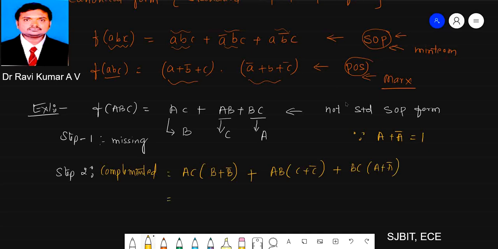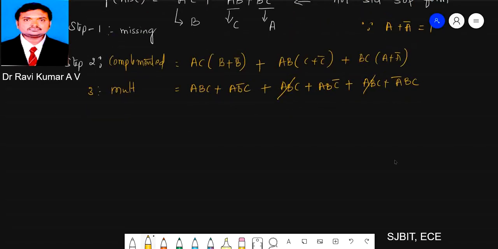The third step is to multiply. As usual, we write it in the arranged ordering form: ABC plus A B bar C, plus similarly ABC plus AB C bar, plus ABC plus A bar BC. Whatever term is repeated, we cancel it and retain only one.